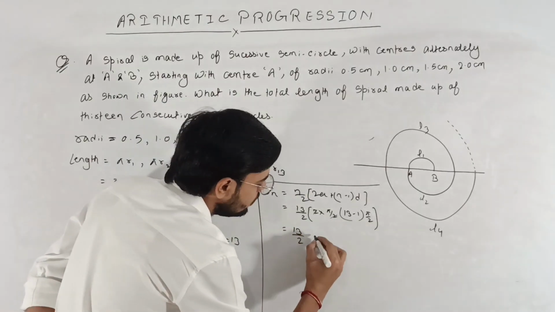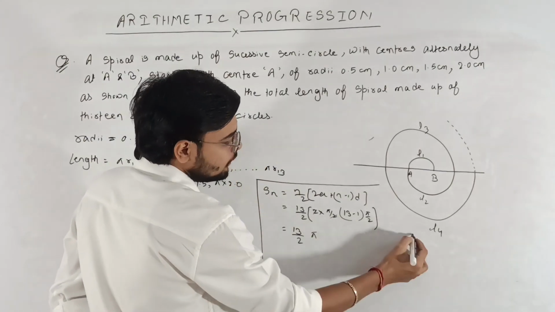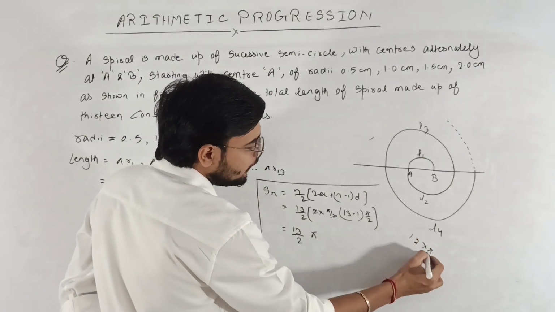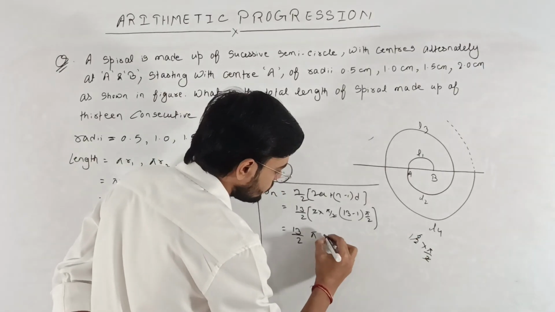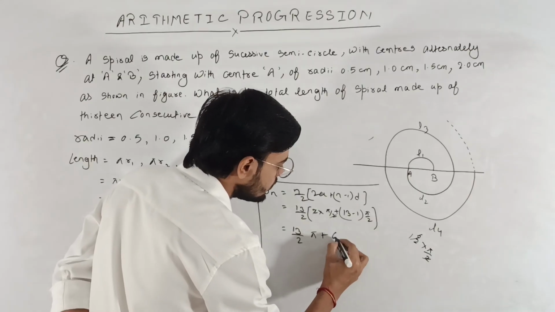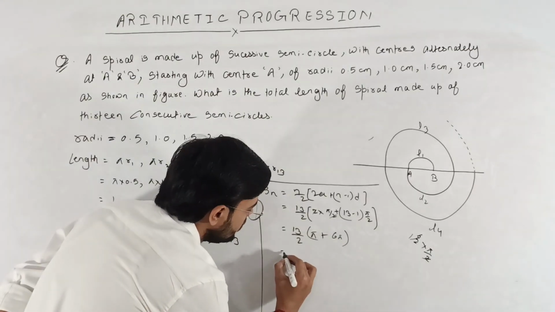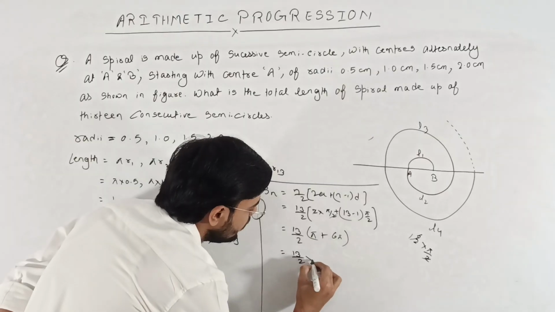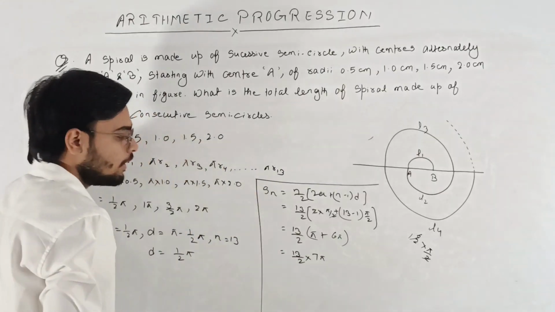Now 13 minus 1 is 12. 12 into pi upon 2 is 6 pi. So here is pi plus 6 pi. Okay. Now from this, 13 upon 2 into 6 pi plus pi is 7 pi.